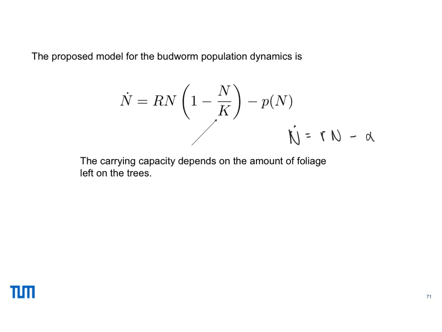So this is basically similar to the example of the laser. The thing that changes is the way you model the growth rate. In this case, the growth rate is modeled as in our logistic example.